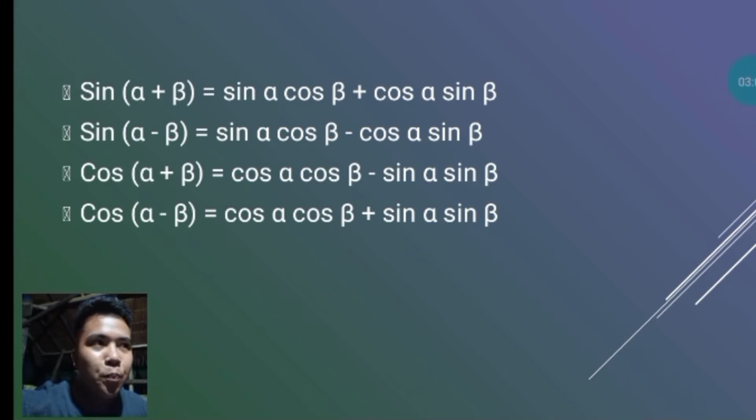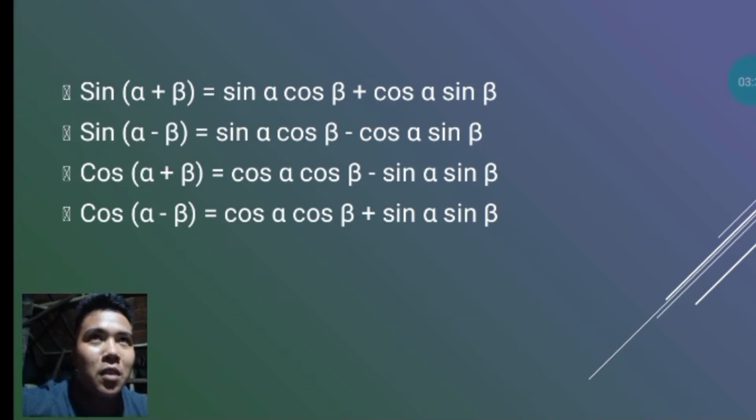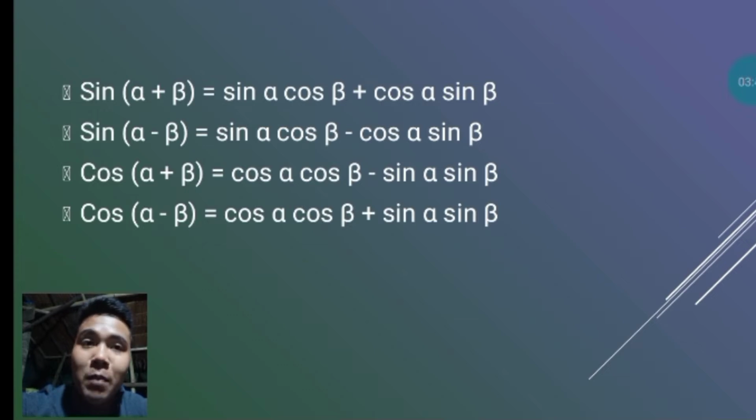Put in your mind, just for example, sine 200: where does that equation belong? It belongs to the first formula, because 200 is a big number, so you are going to add. Unlike if you're asked to find the value of sine 15, in that case you are going to subtract, so you use sine A minus B.